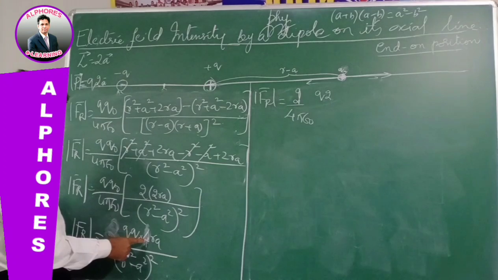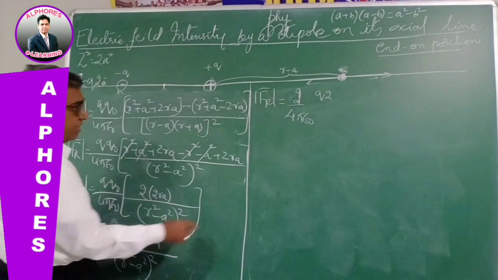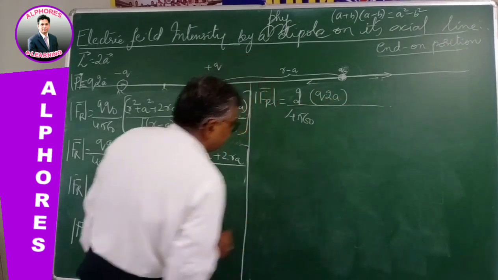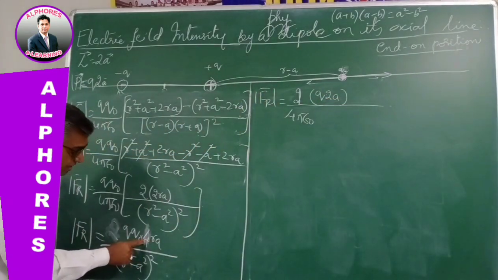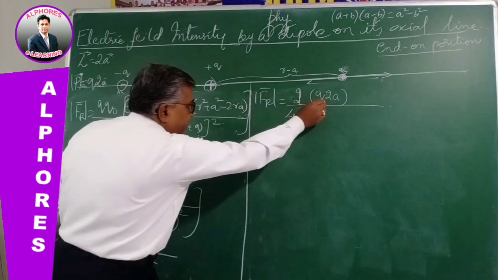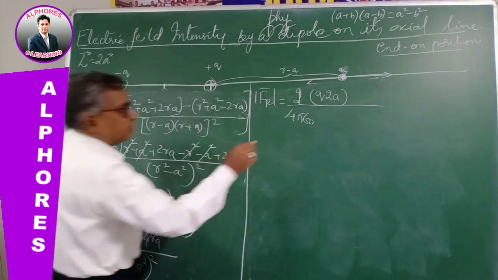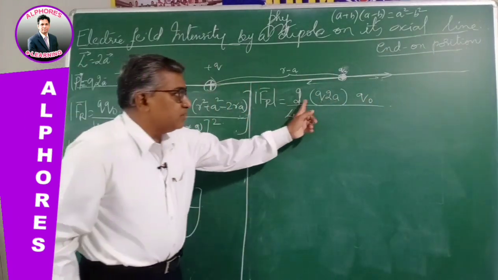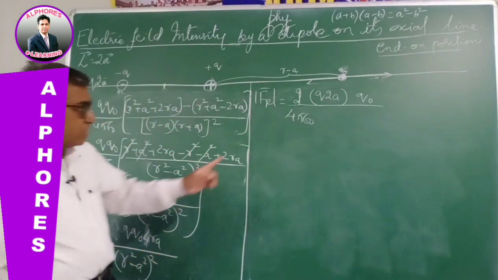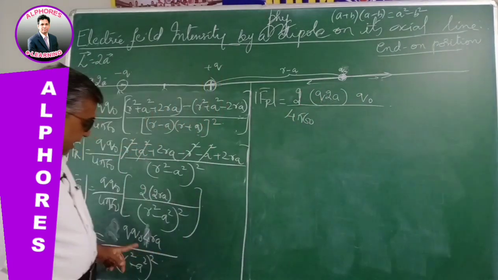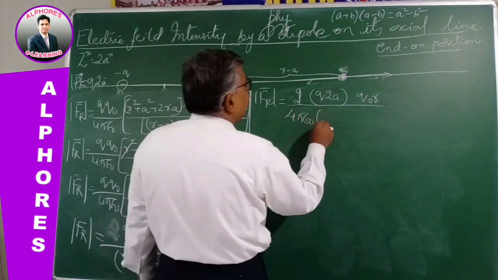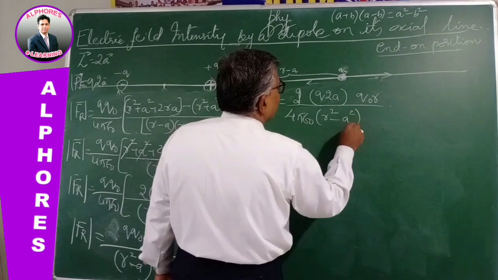Small q, 4 is 2 into 2 into a, times, so 4 I am splitting it as 2 into 2. So 2aq I have written here. Another 2 has come into q naught. So 4 is 2 into 2. q naught and a into r, by denominator r square minus a square whole square.